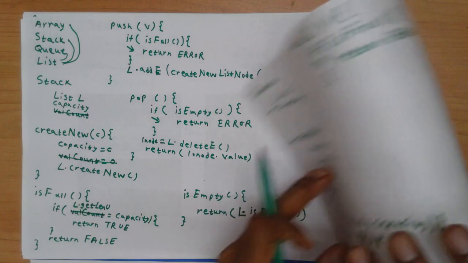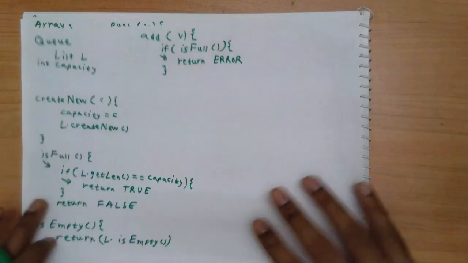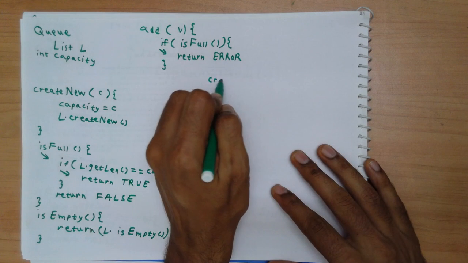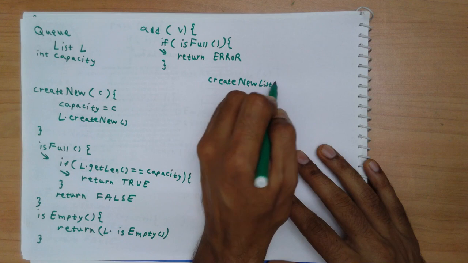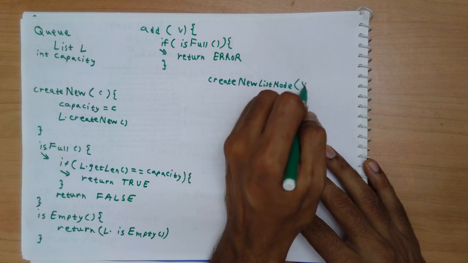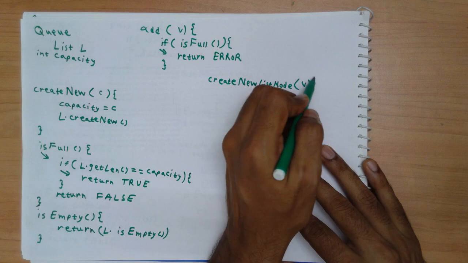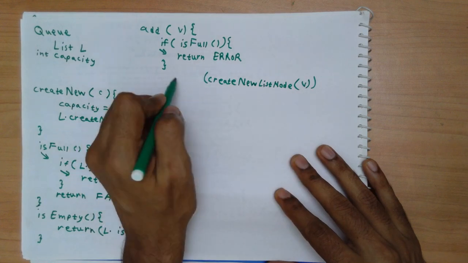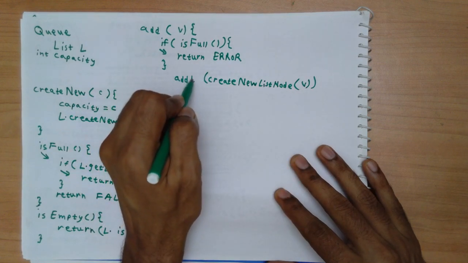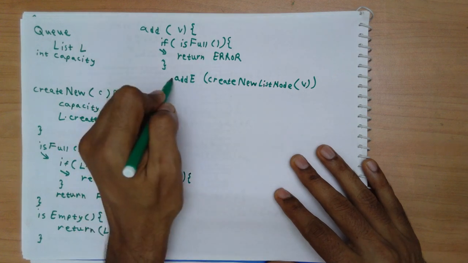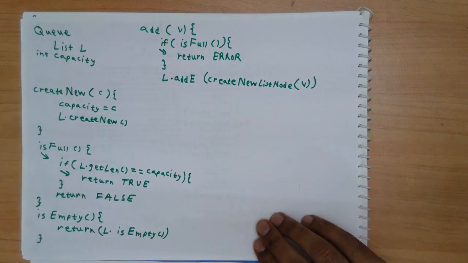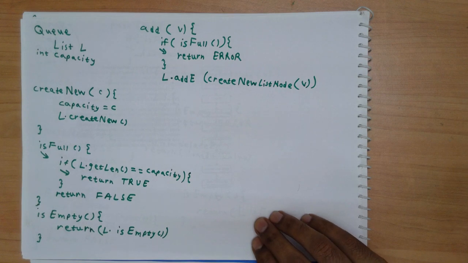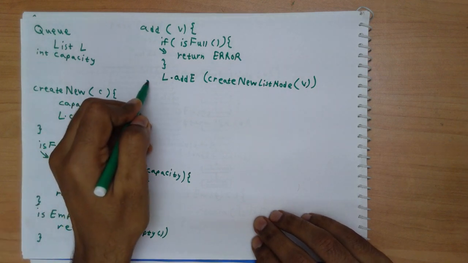We created a new list node with v. I would create a new list node, store value v inside it, take the address of this node and add it at the end of my list L. That should take care of updating the number of elements in my queue, because it would be reflected in the number of elements in my list. Okay, and that's my add operation.